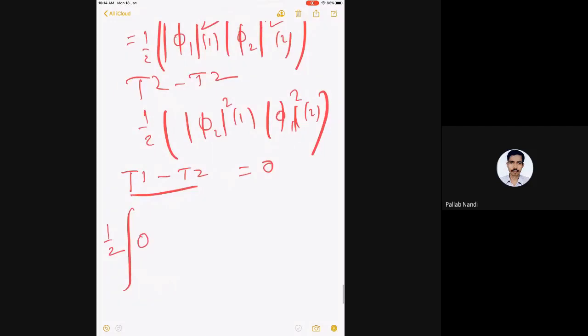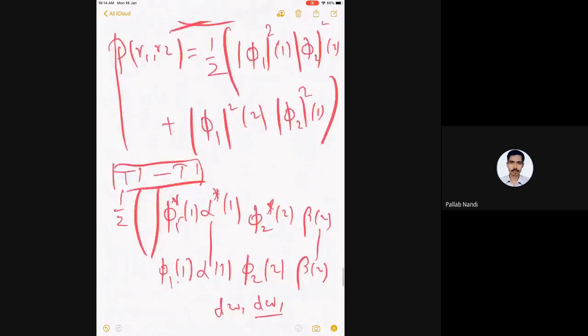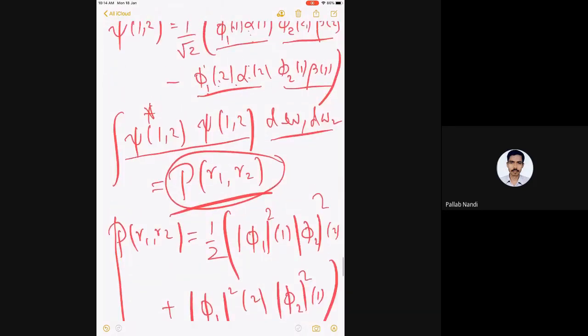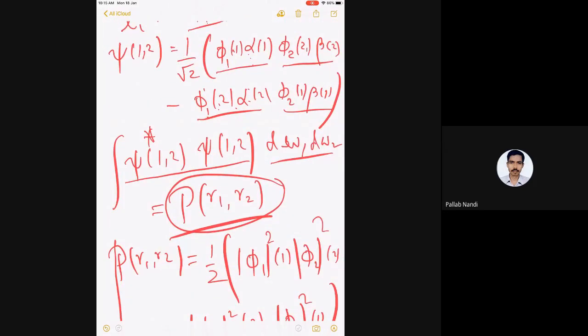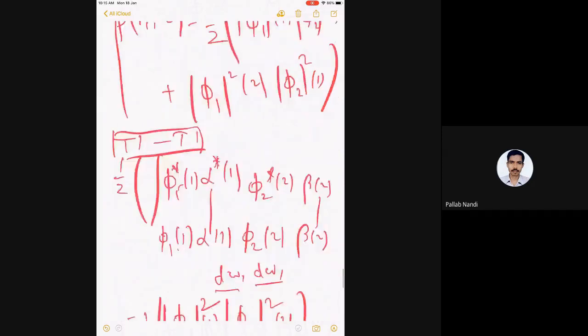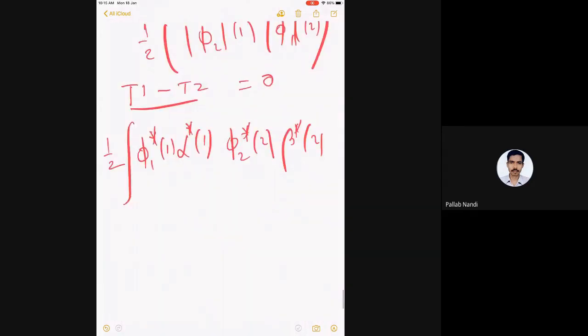Phi 1 star 1, alpha star 1, phi 2 star 2, beta star 2. That is 1. Then I take term 2 on the right side with a minus sign. So term 2 on the right side, which is phi 1 2, alpha 2, phi 2 1, beta 1, right?